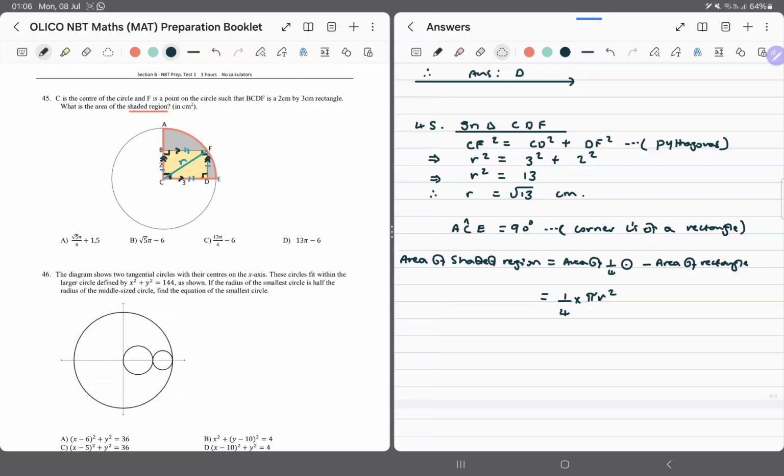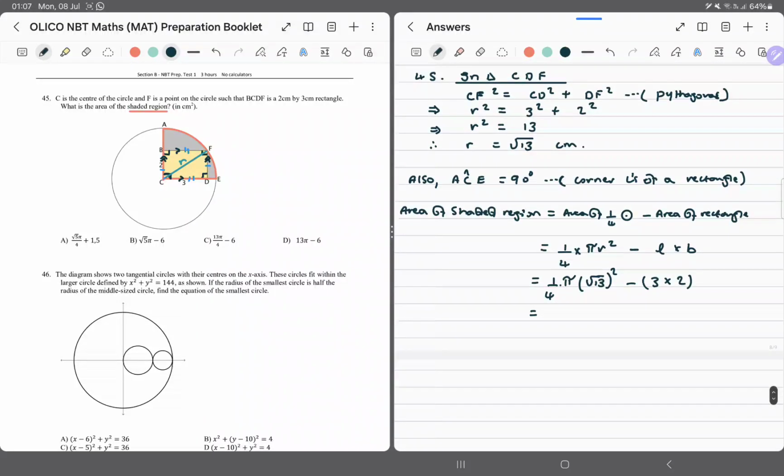So this is fine. So here we can just introduce a very simple English word and say also, we understand that ACE is 90 degrees. These are corner angles of a rectangle. Therefore, the area of the shaded area is going to be as we can see it now. So this is basically length times breadth. This is 1/4 of pi r squared, where r is the square root of 13, squared, minus the length here, which is 3 times 2.